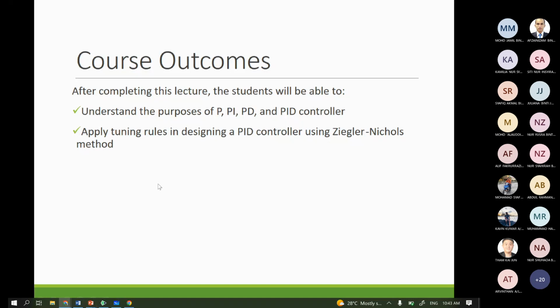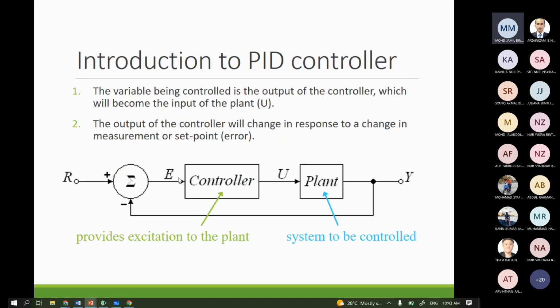So let's look at some theory about PID controller. So why do we need a PID controller? Let's say U is the output of the controller, and the output of the controller will change in response to a change in measurement or set point error.